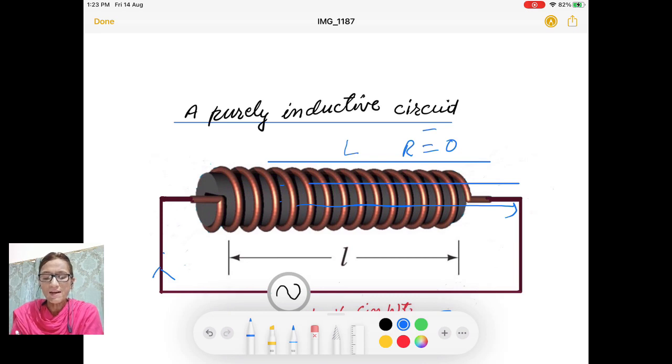And due to increase in flux lines, an EMF is induced in the coil, which is back EMF, which will oppose this increase of flux lines as suggested by Faraday's law and Lenz's law.